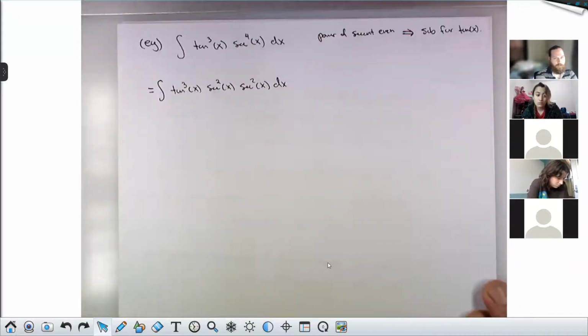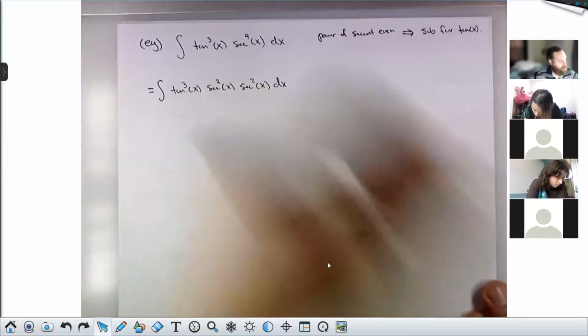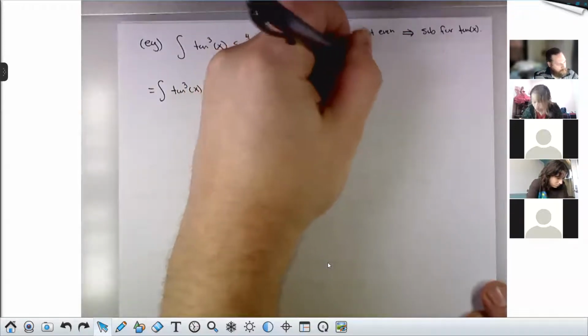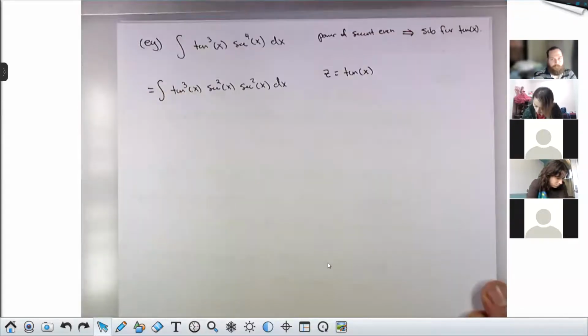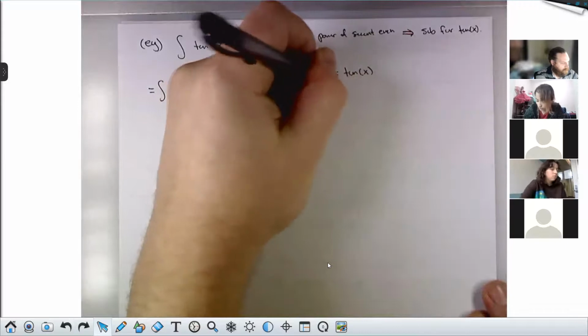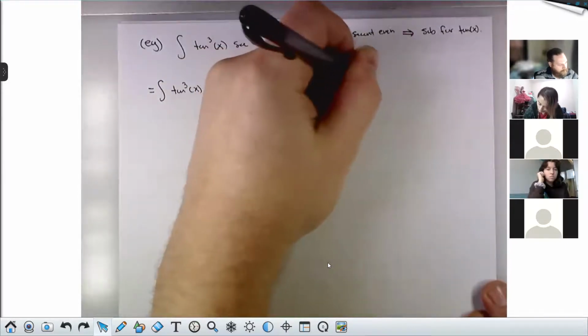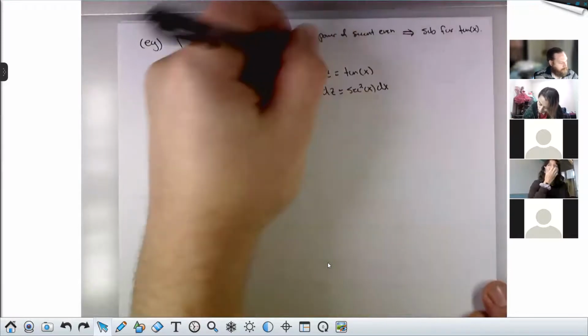Let's take two of those secants and I set them aside with the differential dx because I'm planning to do this substitution whose differential dz is secant squared x dx.